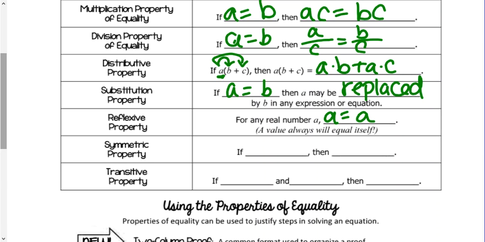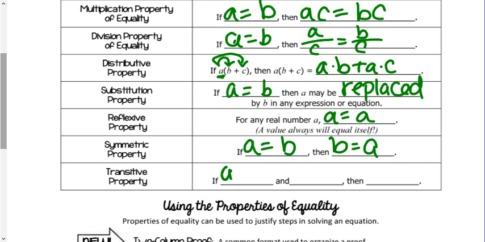The symmetric property is a little bit different. If you have some value A equal to some value B, then we know that B is still equal to A. All I'm doing is just flipping the order of things around. The last property is the transitive property.